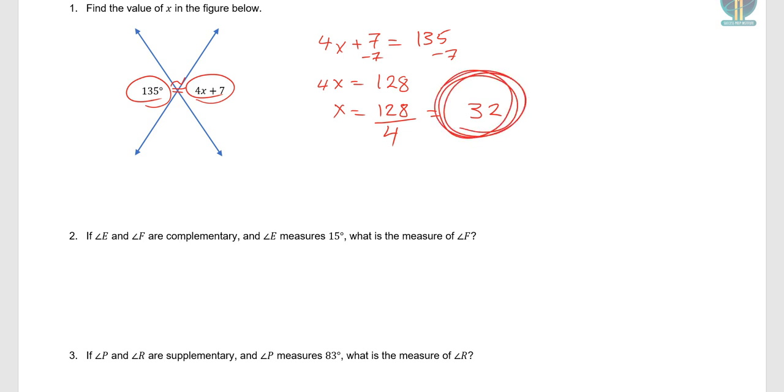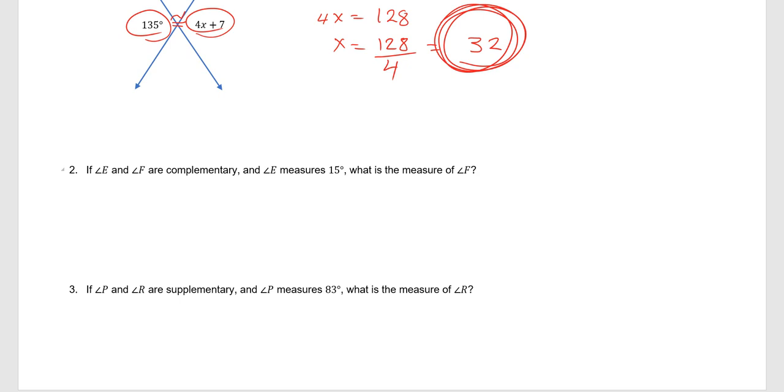Next exercise. If angle E and angle F are complementary, that means they add up to 90 degrees. Angle E measures 15 degrees. What is the measure of angle F? So 15 degrees from angle E plus the measure of angle F is equal to 90 degrees.